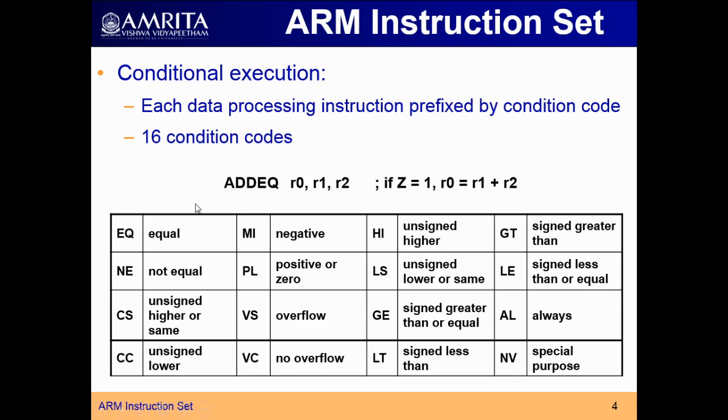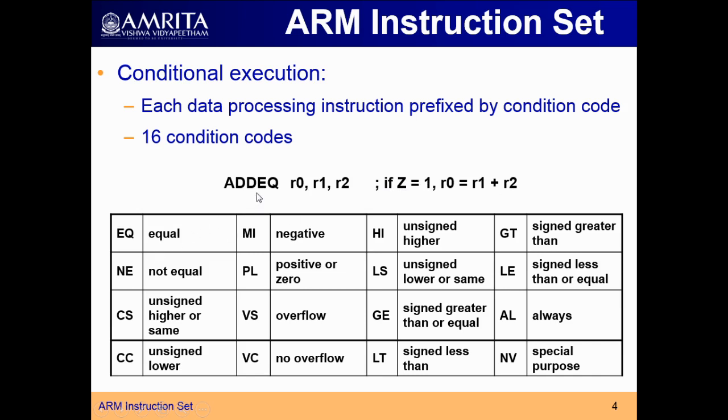Instead of writing EQ, if you are writing NE, what will happen? NE stands for not equal. If you are writing add EQ, it will check if the zero flag is 1, or set. So if the zero flag is set, then this addition will be performed.